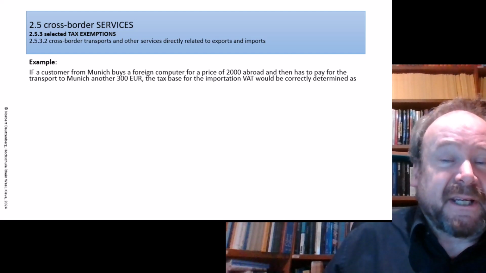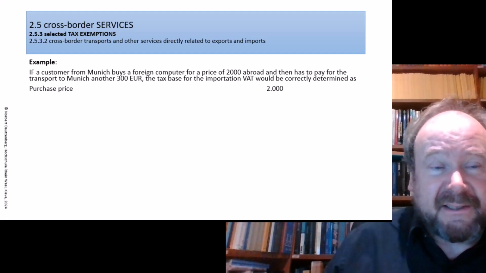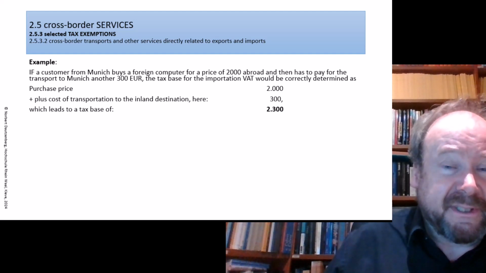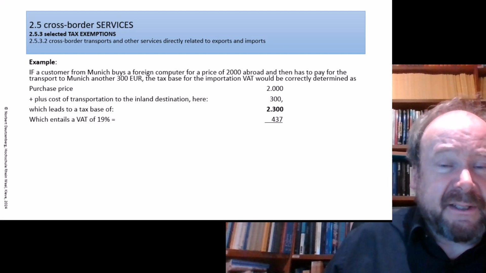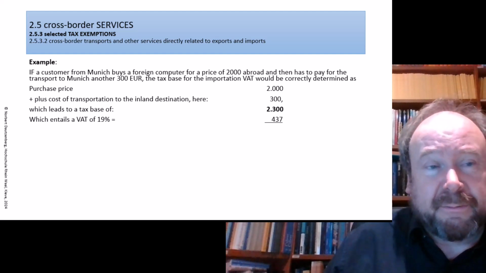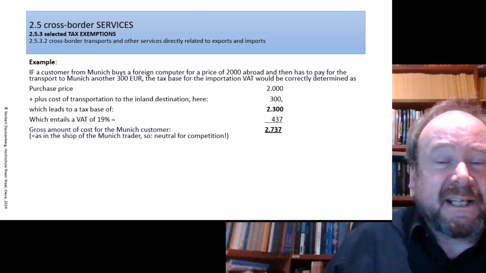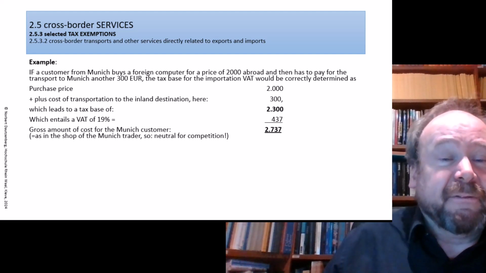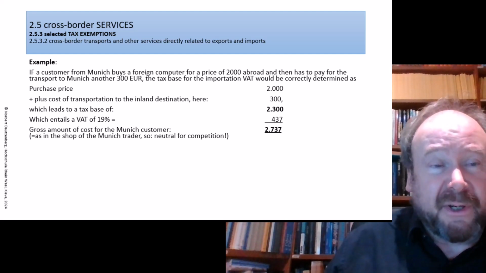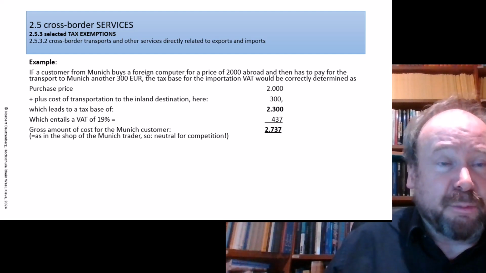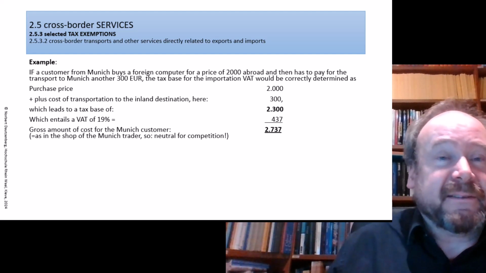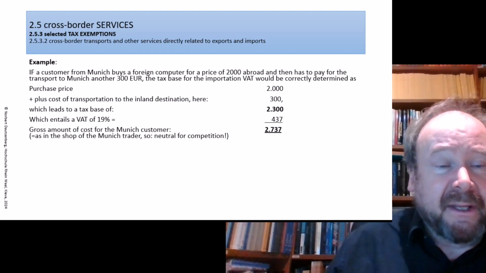Then the tax base should be determined as 2,000 plus 300, which leads to 2,300 net, and that entails a 19% VAT at the importation declaration, which ends up with a gross burden of 2,737 for the Munich customer. That's exactly the price for which he or she could buy the same in a shop in Munich from a trader. So that only guarantees neutrality.